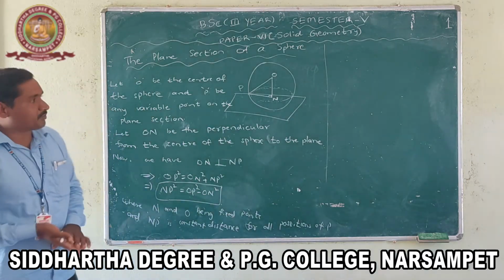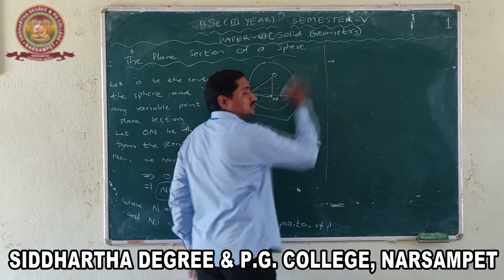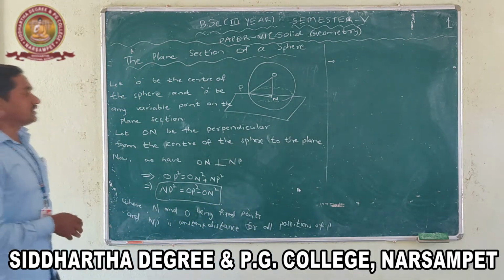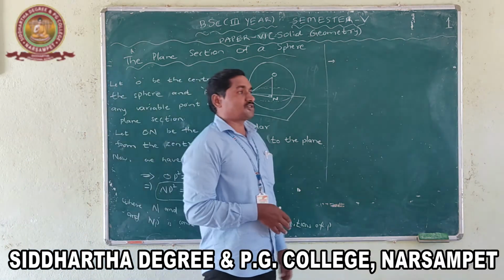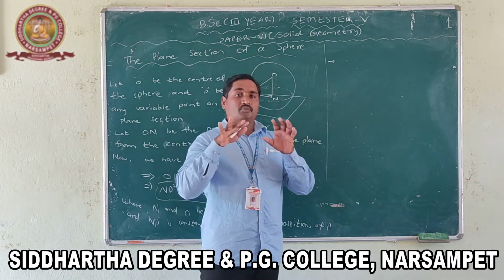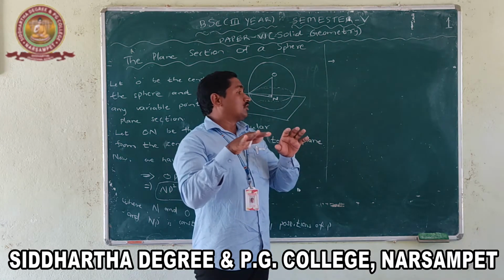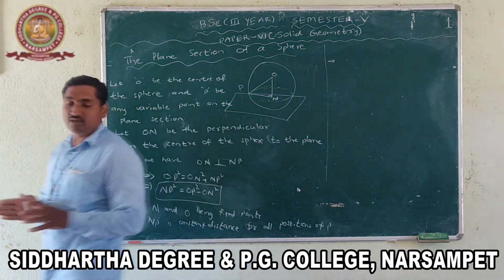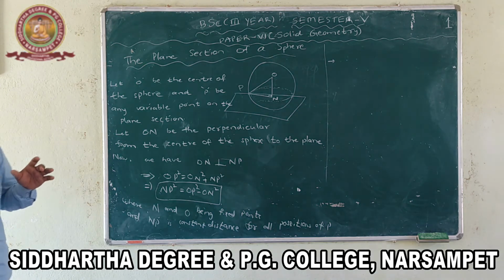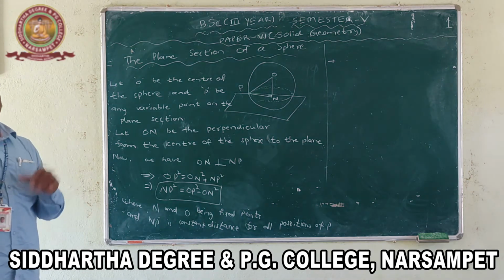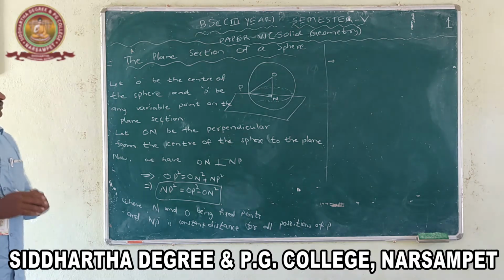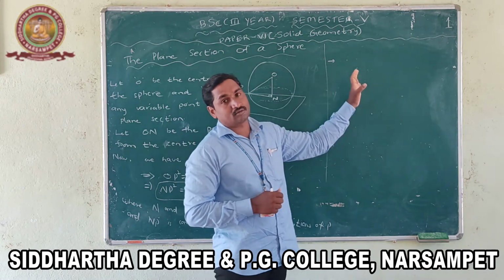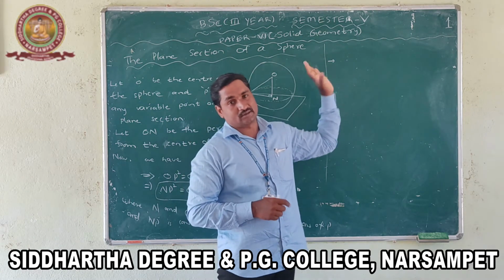The section of a sphere by a plane through its center means, suppose if a plane passes through the center of the sphere, or the plane cuts the sphere through its center, in that case the section of a sphere by a plane is called a great circle.